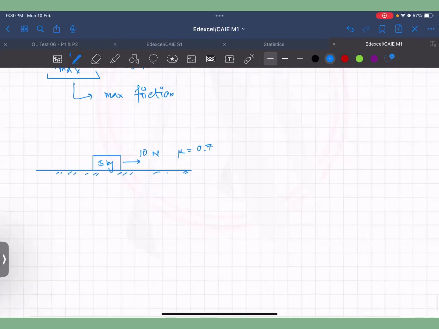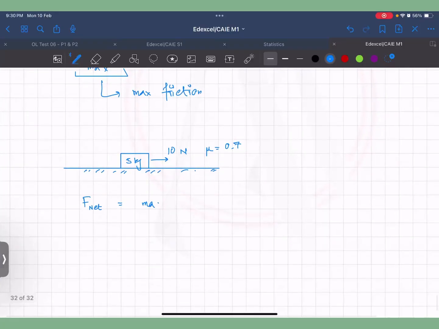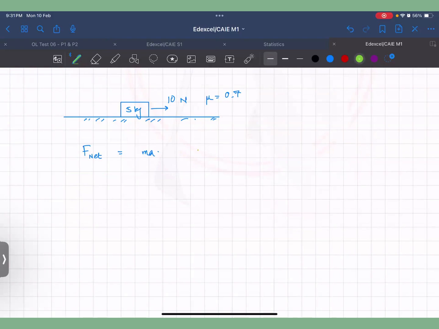So tell me if right now the object will move or not, because we know F net is equal to ma. So assess the situation. Right now this would not move, because we have calculated the maximum friction that can be exerted between the box and the surface.